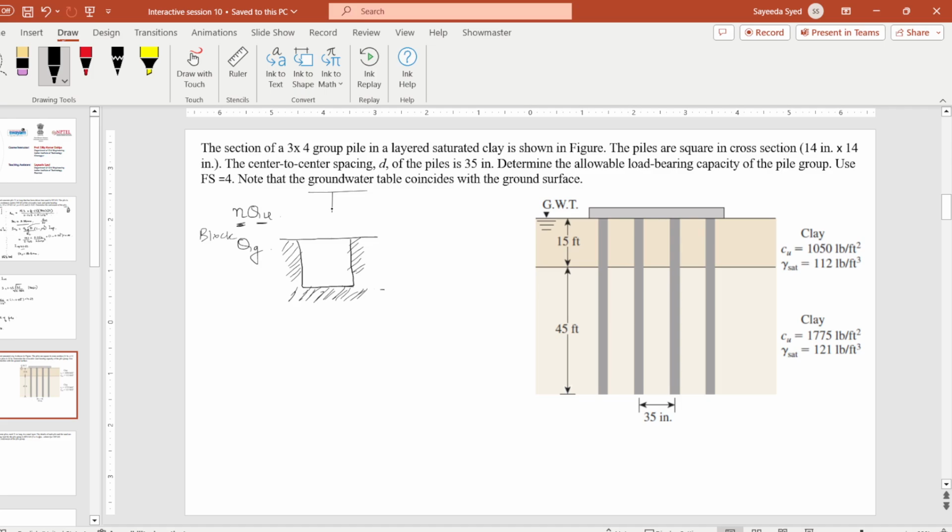or we can take one pile and calculate its total failure load, multiply it by the number of piles.